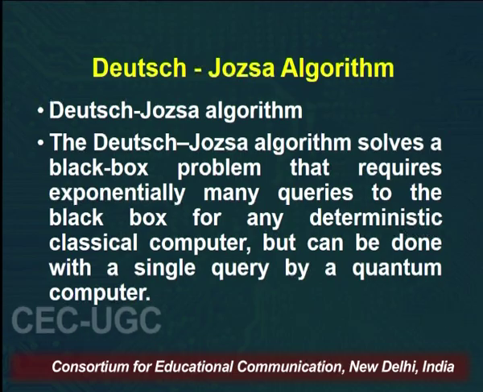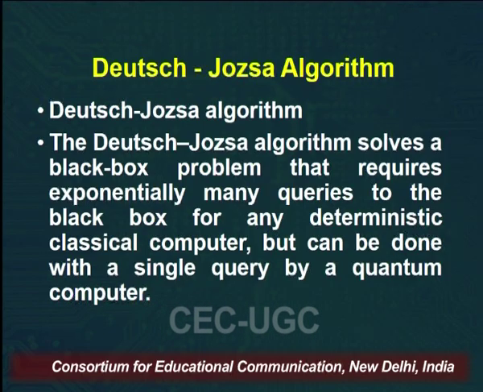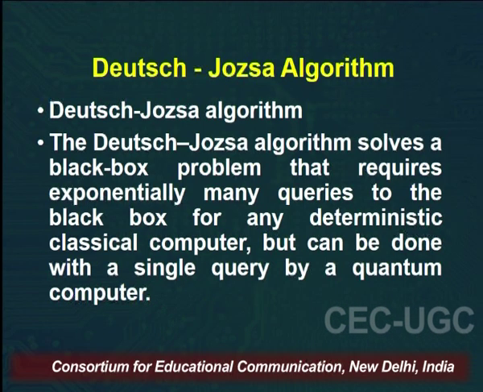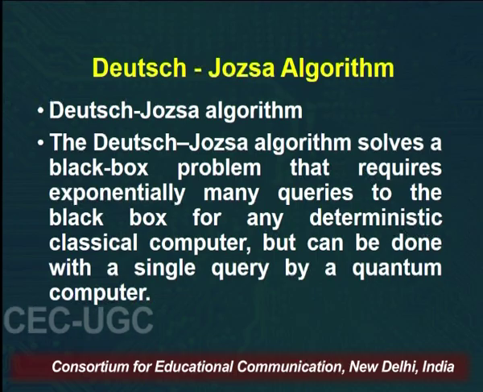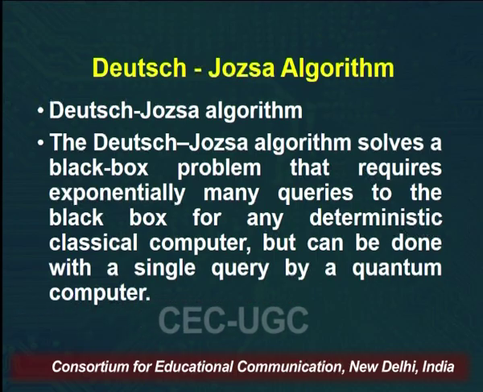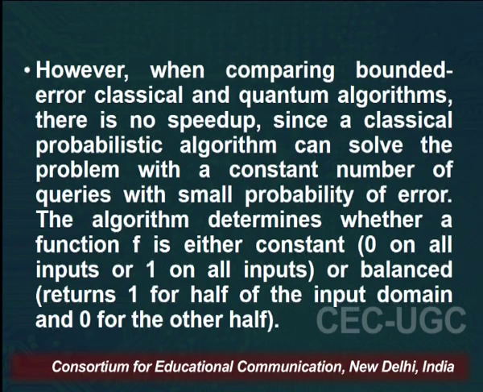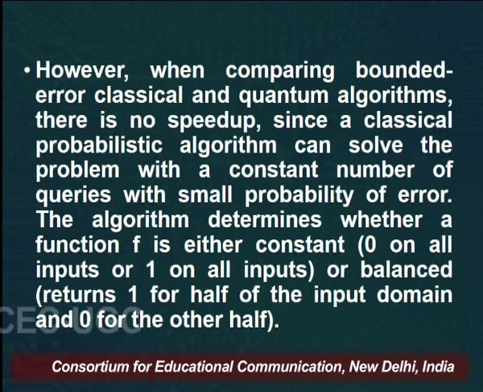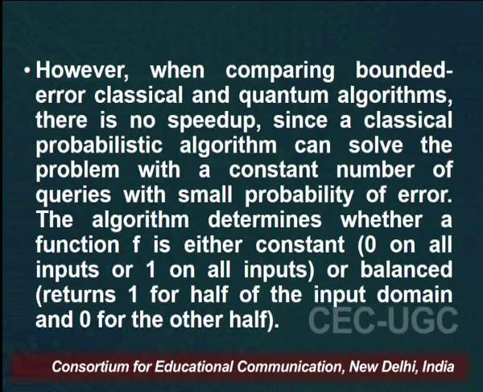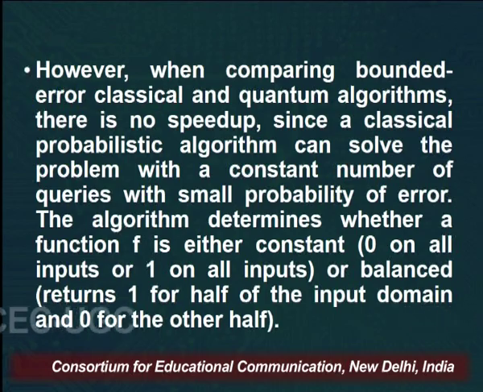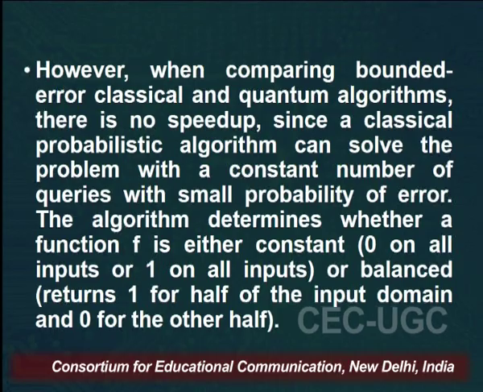Means multiple queries are not required; we can give a single query and solve it in a very precise manner. However, when comparing bounded-error classical and quantum algorithms, there is no speedup, since a classical probabilistic algorithm can solve the problem with a constant number of queries with a small probability of error.